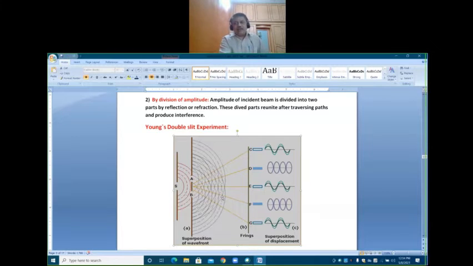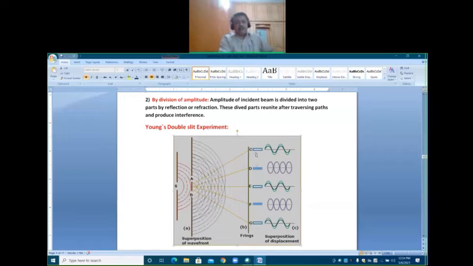Here is a screen. We will see first this part, E, D, C, F and G. This point is bright, this point is dark, this point is bright, this point is dark, this point is bright.